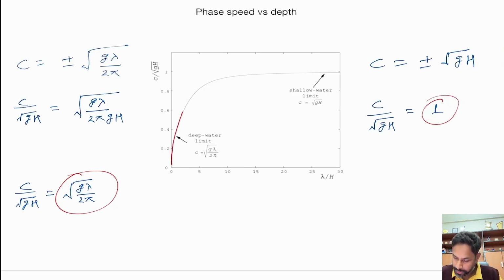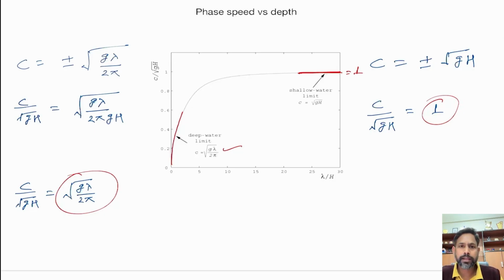C over square root of GH depends on this value for different values of lambda by H. As H increases and lambda by H increases, your C over square root of GH becomes constant, that is almost equal to 1.